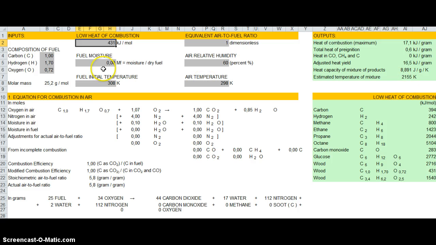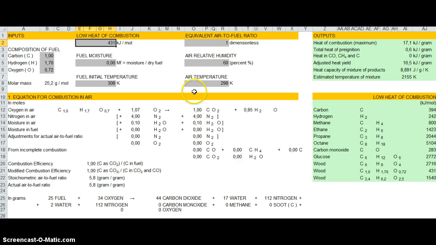So a 10-degree increase in the initial temperature of the fuel will have a 2-degree increase in the estimated temperature of the mixture. So it doesn't really matter very much what is the initial temperature of the fuel.